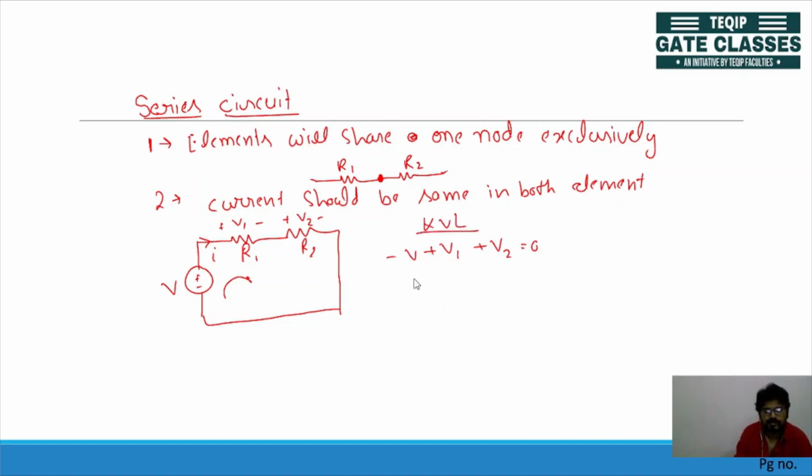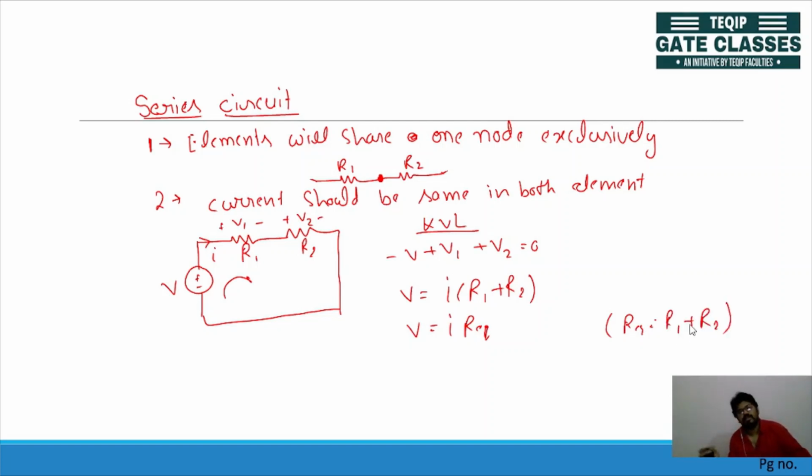Okay, so in terms of current by Ohm's law, V is equal to I times R1 plus R2. Same current is flowing in both resistances. So we can write it as I into R equivalent, where R equivalent equals R1 plus R2. If we have many resistances in series, we can simply add them to find the equivalent resistance.